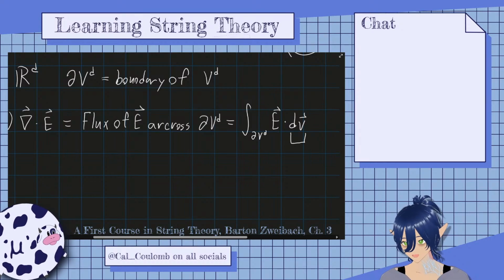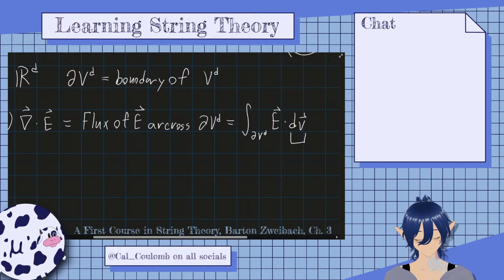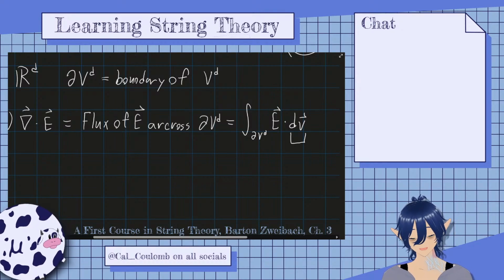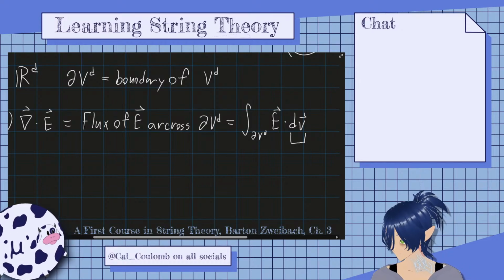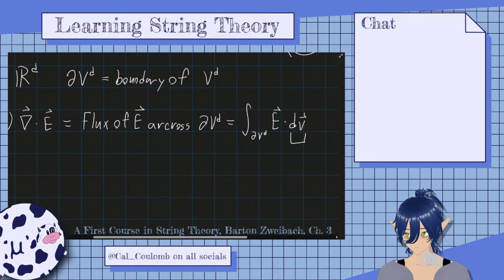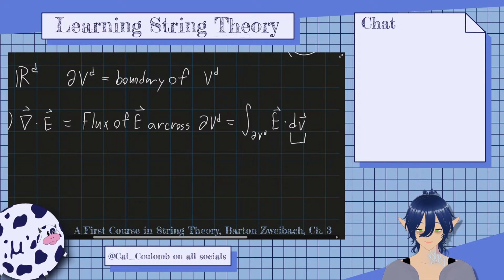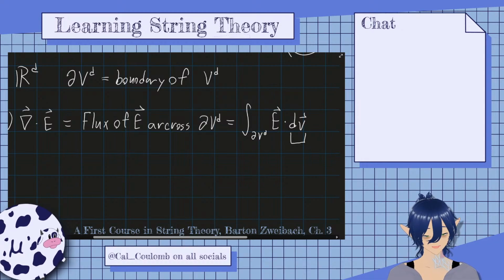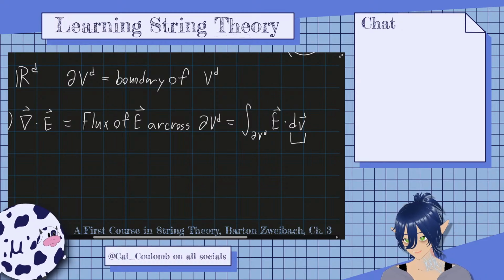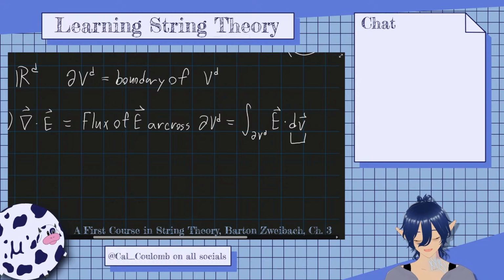The outgoing normal vectors are e_x for the face at x plus dx, and minus e_x for the face at x. The volume of each of these two faces equals dy dz dw, where dy, dz, and dw together with dx are the lengths of the edges of the cube.